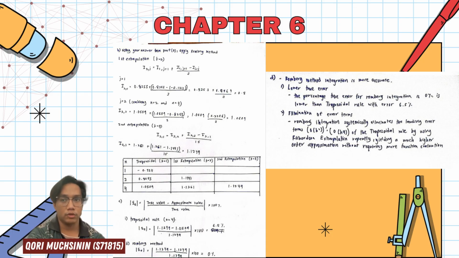Combining n equal to 2 and n equal to 4 yields 1.1261. For the ultimate step, the second order extrapolation, we apply our formula with a denominator of 15 and converge beautifully on our final estimate of 1.1249.